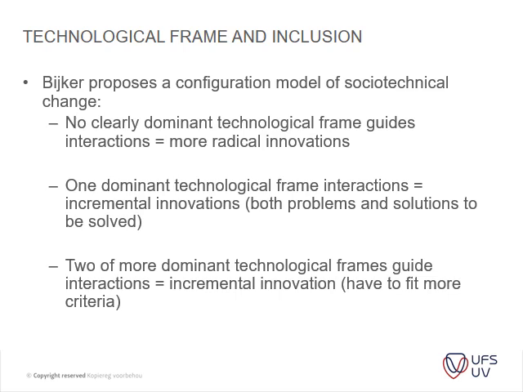If there is no dominant technical framework guiding interaction, more radical innovation may be observed. If there's a dominant technical frame in interaction, incremental innovation, both problems and solutions should be solved. So now there's a little bit more parameters that need to be solved.